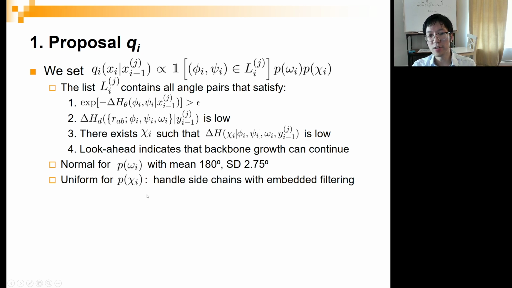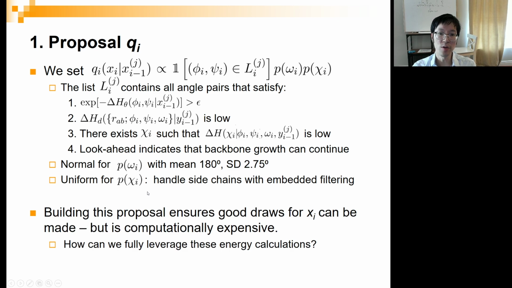And finally, for the side chain angles, at this point we simply use a uniform distribution because we can embed a filtering step for that in the step that considers side chains specifically. So this sort of proposal is much better than simply using the angles.